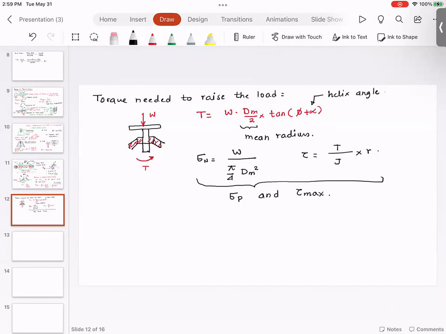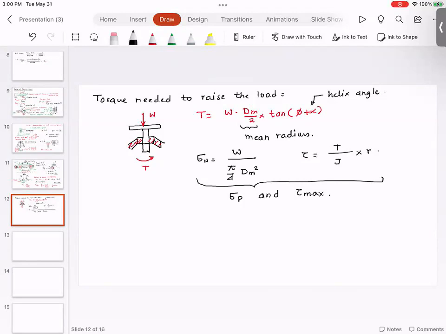So that is something you should keep in mind: if you want to design a power screw, you will have to design it based on the principal stress and maximum shear stress criteria.